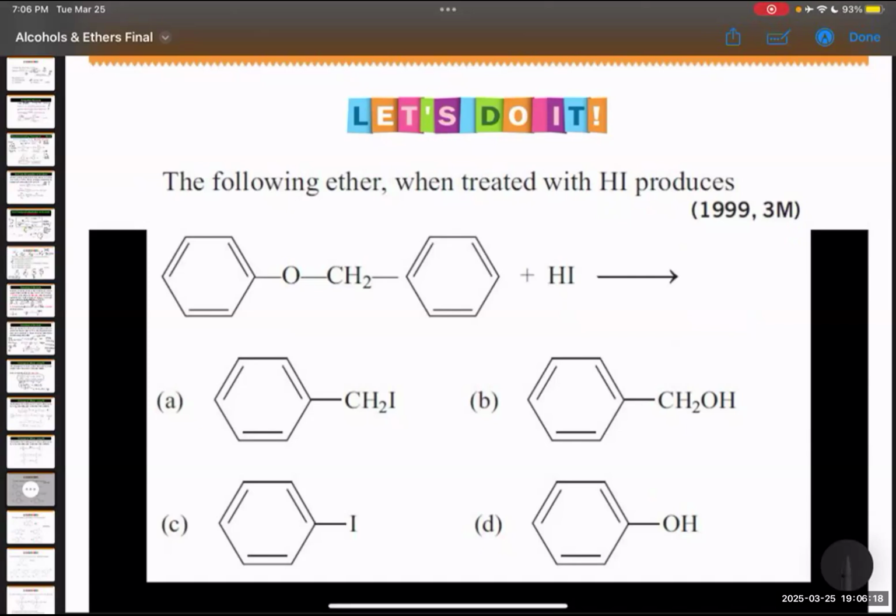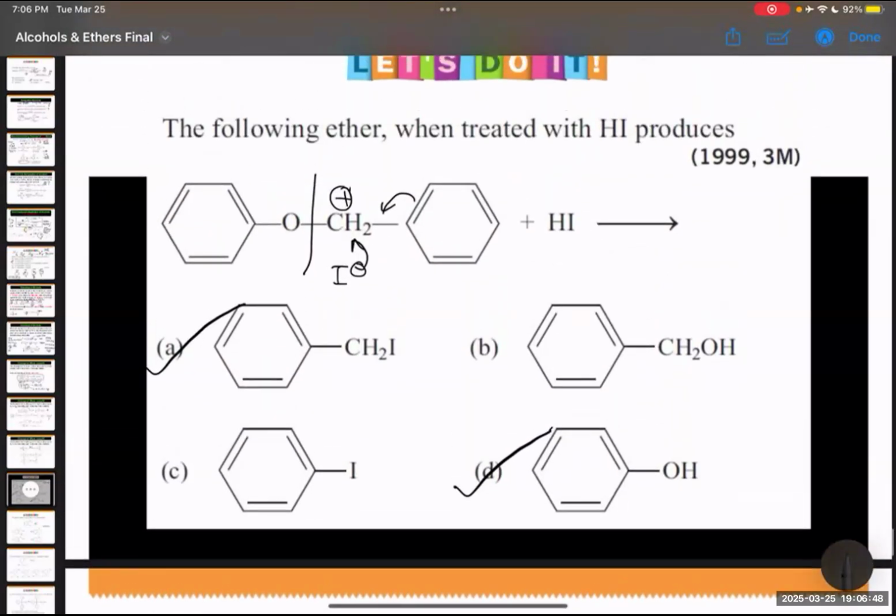Very simple question. Cation can form easily on this because it is resonance stabilized. If it is resonance stabilized, it will break apart and I minus will come on this. So you are going to have CH2I and you are going to have phenol, more than one correct option as the product. Got it?